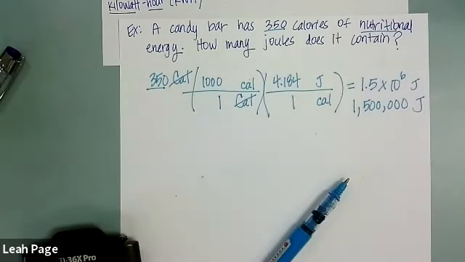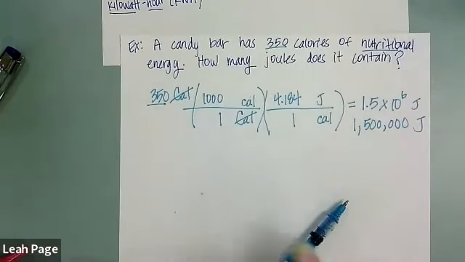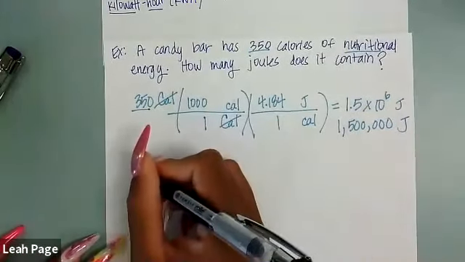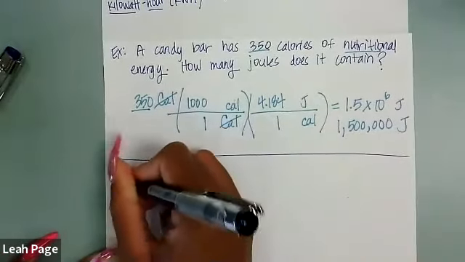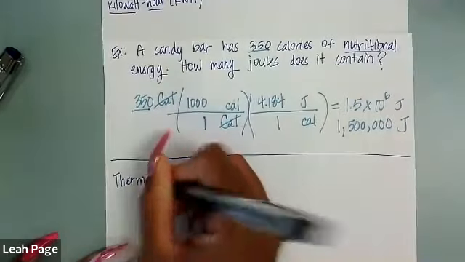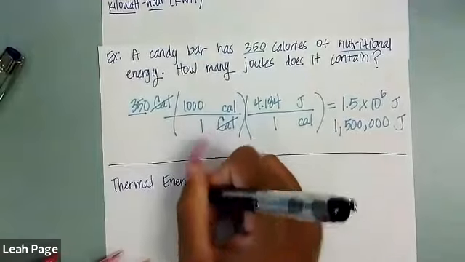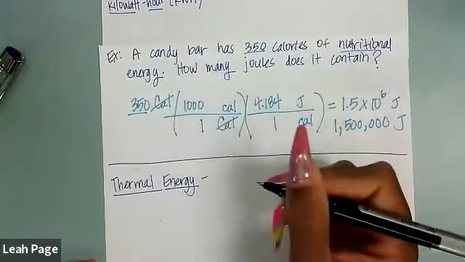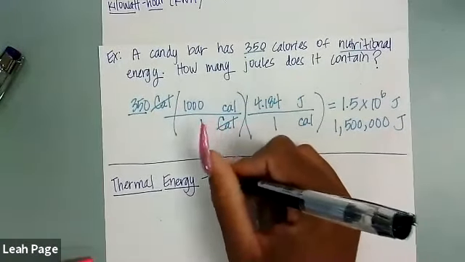All right, so these are the units of energy. Let's keep going and talk about other types of energy. We have thermal energy. Thermal energy is the energy associated with the random motions of atoms and molecules.